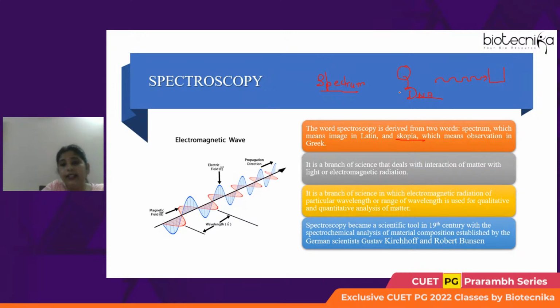So when you are isolating the DNA and you have to use it for further analysis, you have to make sure that the DNA is free from contamination. Anything other than DNA is contamination. It can be RNA, it can be protein, right? So you can check whether your DNA is pure or not by using spectroscopy, and you can even check the concentration. You can find out how much DNA is present. That is why I'm saying it's both a qualitative and quantitative technique.